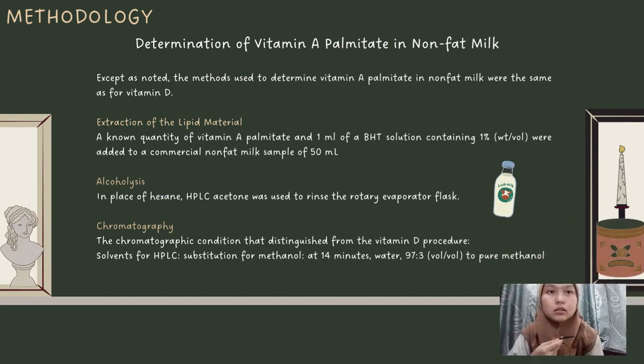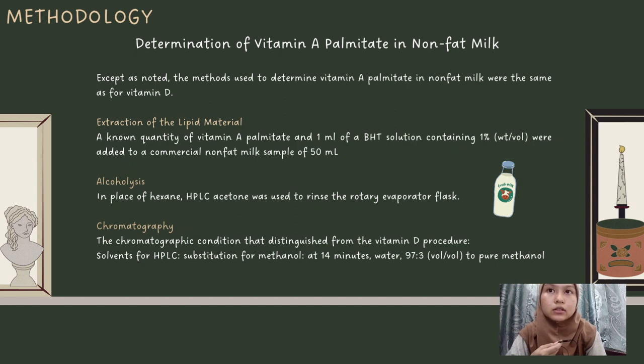Next, determination of vitamin A palmitate in non-fat milk. Except as noted, the methods used to determine vitamin A palmitate in non-fat milk were the same as for vitamin D. Firstly, in extraction of the lipid material, a known quantity of vitamin A palmitate and 1 ml of a BHT solution containing 1% were added to a commercial non-fat milk sample of 50 ml.